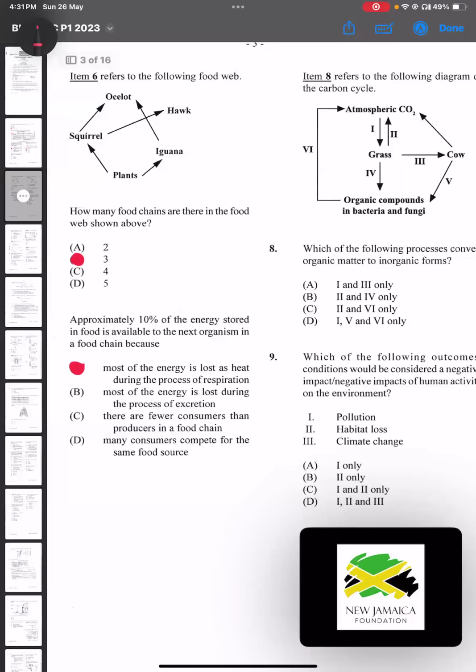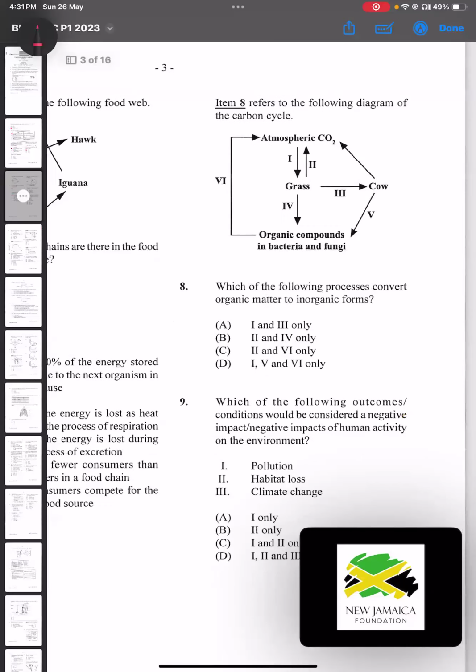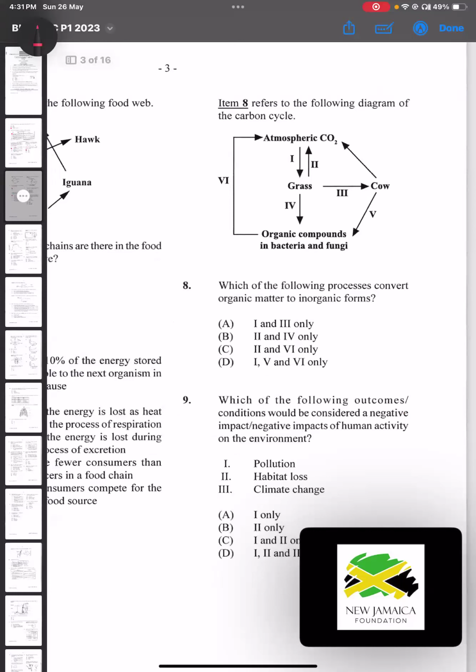And then you're looking at number 8, and you're supposed to determine which of the following processes converts organic matter to inorganic forms. If you are aware of what happens in the carbon cycle, you're just going to look at which ones would produce something like oxygen or carbon dioxide, or other inorganic molecules like that. Anything that would make glucose wouldn't be an appropriate answer.